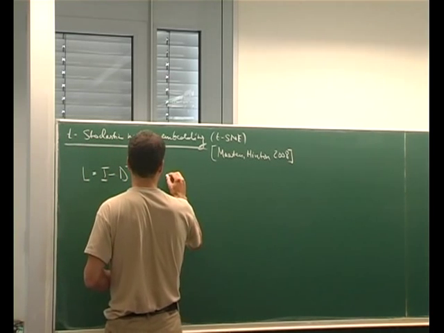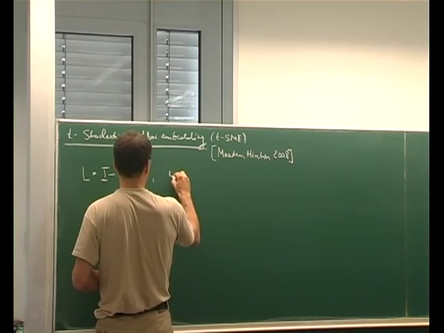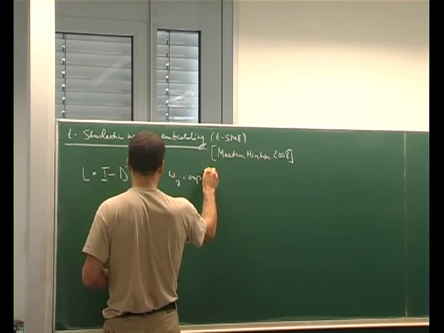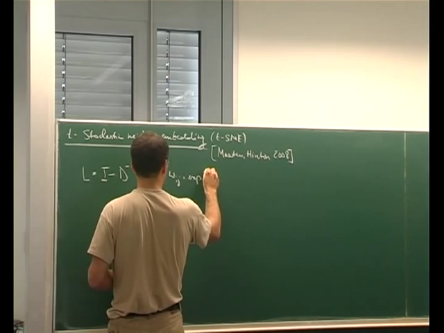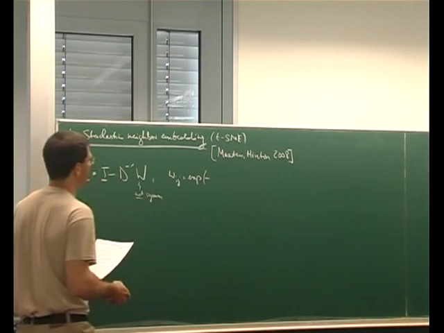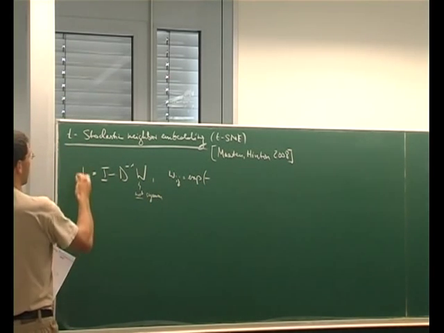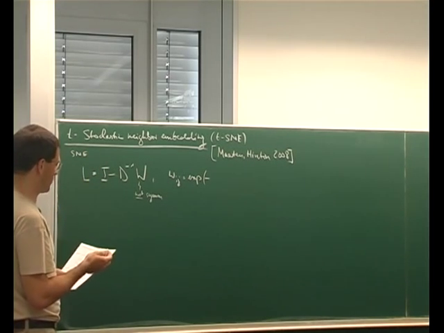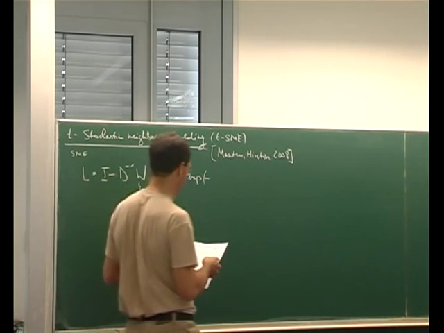So in this case here, W_ij is defined as follows. I'm starting with the stochastic neighbor embedding, which was published, I think, in 2003, and then we'll go on to the t-stochastic neighbor embedding.